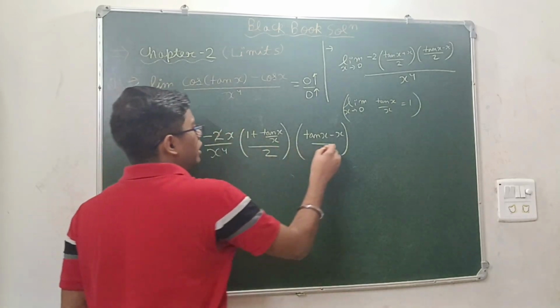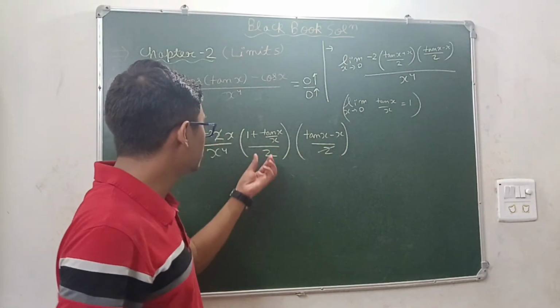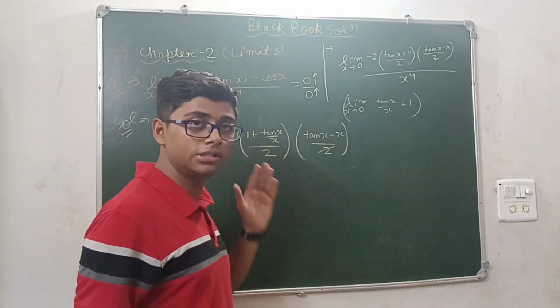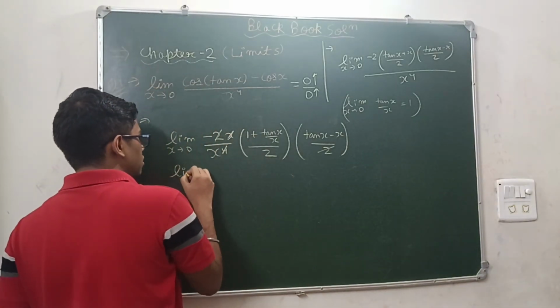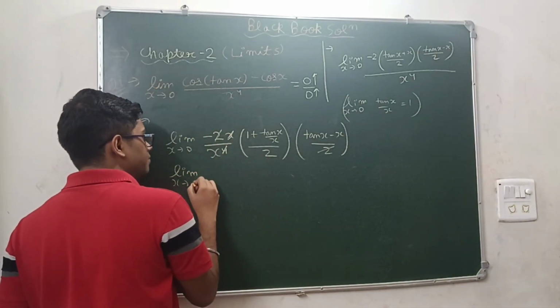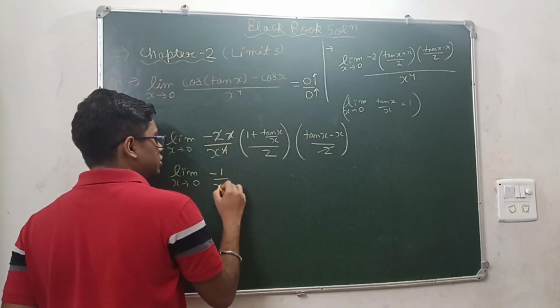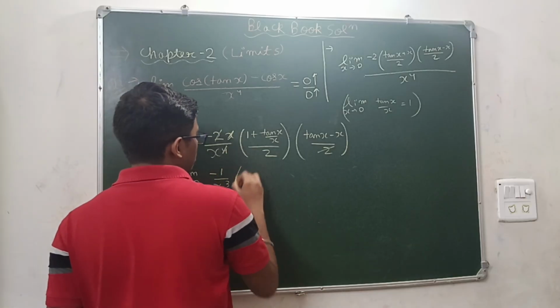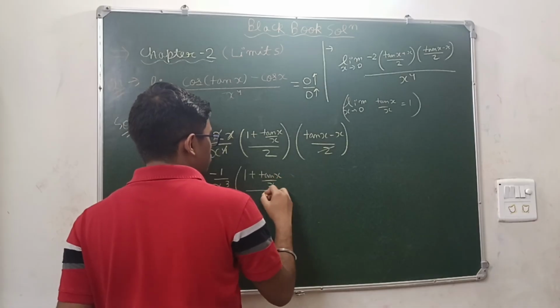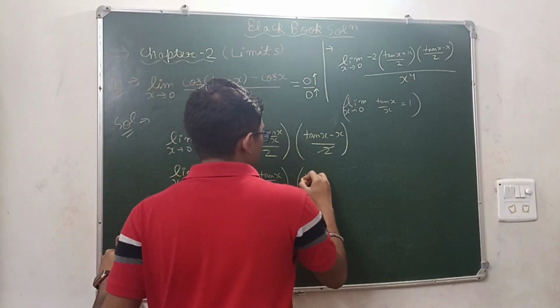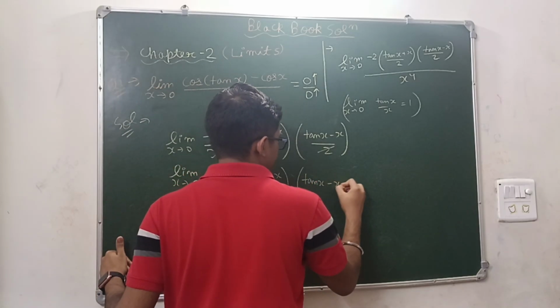Now this 2 and this 2 will be cancelled. You can cancel this as well, but you have not cancelled this. A reason is there. See, now x and x cancel. So limit x tends to 0 minus 1 upon x cube, 1 plus tan x by x upon 2 and tan x minus x.